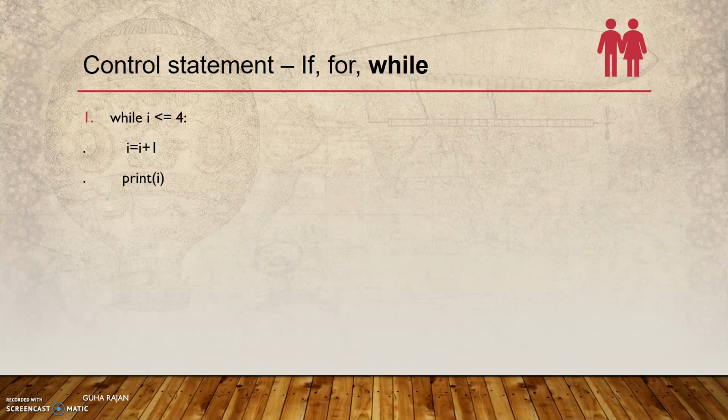If it is set to 4, it will go into the loop only once, because of the condition i less than or equal to 4. If it is 0, then until i equals 5 it will get executed.